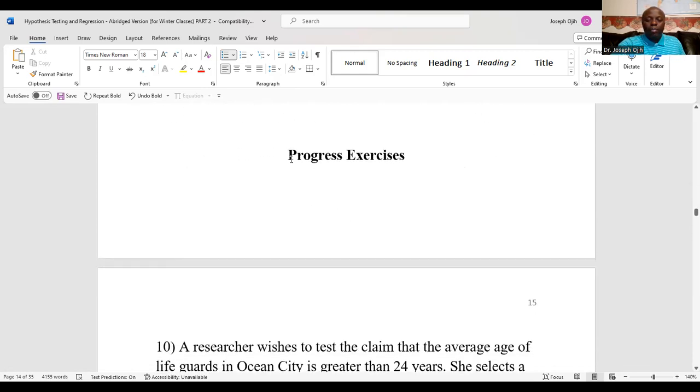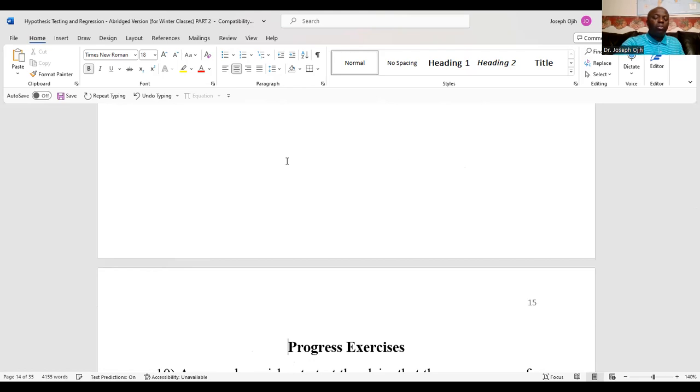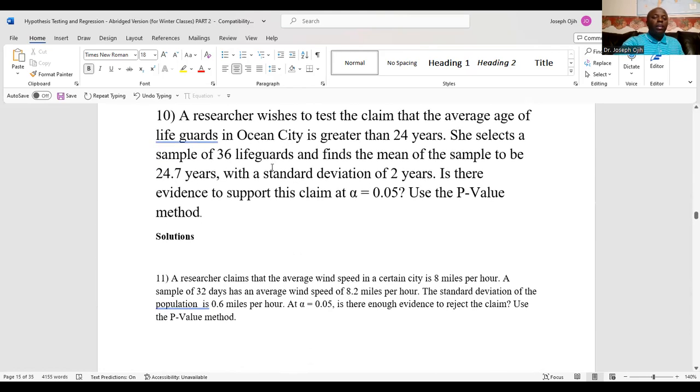So let's try an example using this p-value method. A researcher wishes to test the claim that the average age of lifeguards in Ocean City is greater than 24 years. She selects a sample of 36 lifeguards and finds the mean of the sample to be 24.7 years.